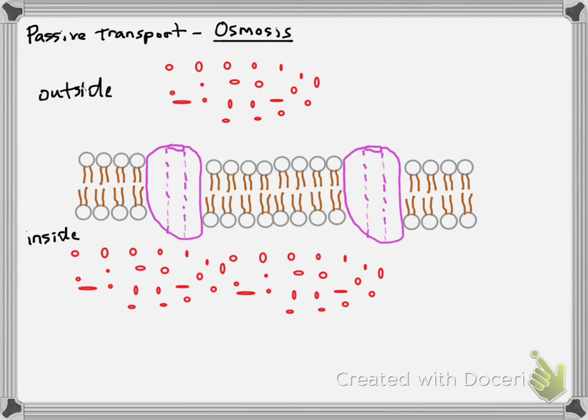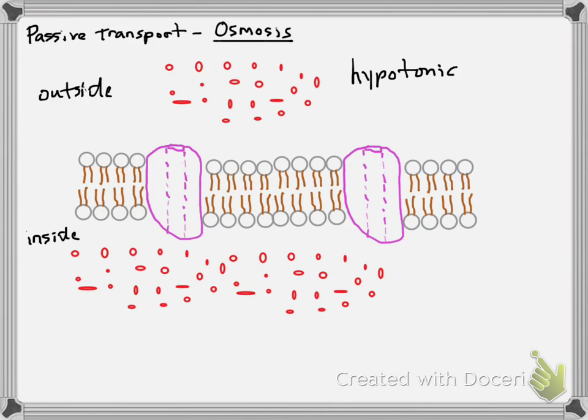Now there are three terms that we need to think about to understand how water is going to move across a membrane. These are terms used to describe solutions on either side of a selectively permeable membrane. So the side of the membrane with a lower concentration of solute is referred to as hypotonic.